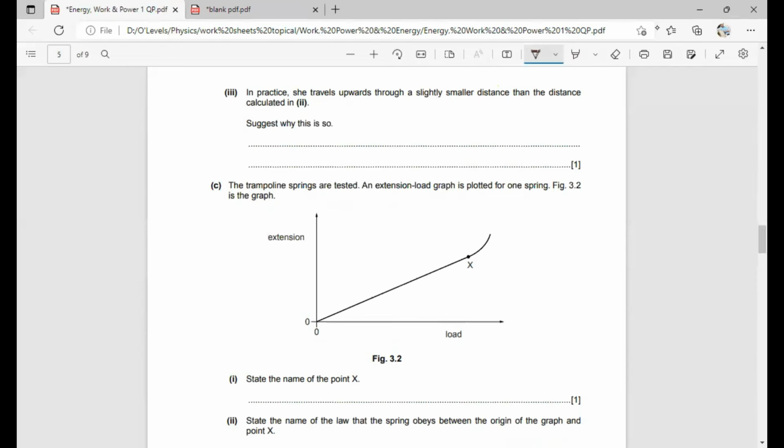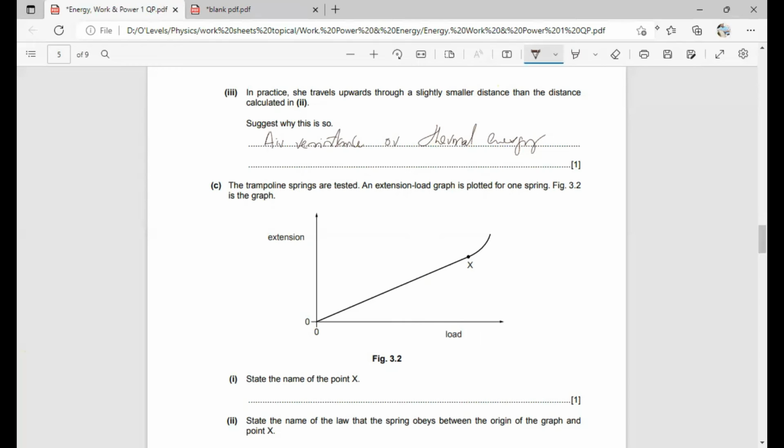But what is actually the reason? Maybe air resistance, or thermal energy.